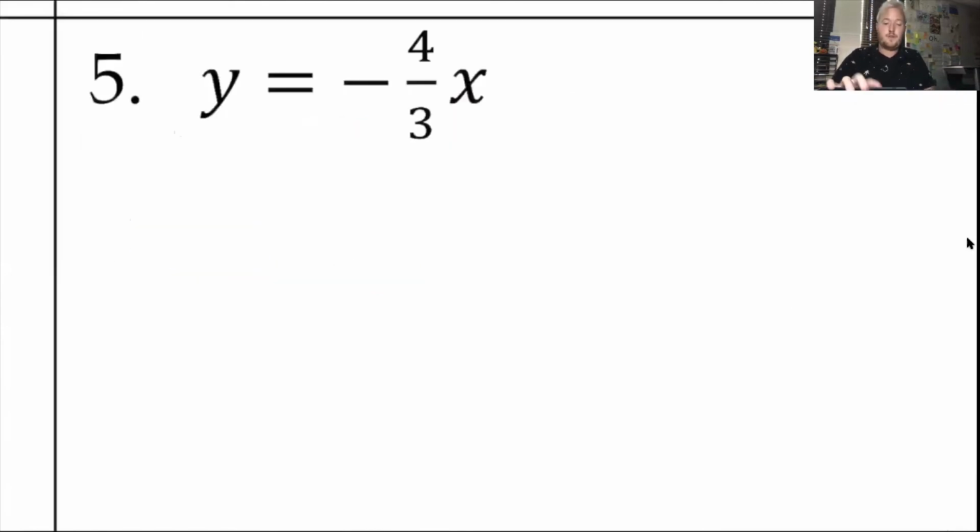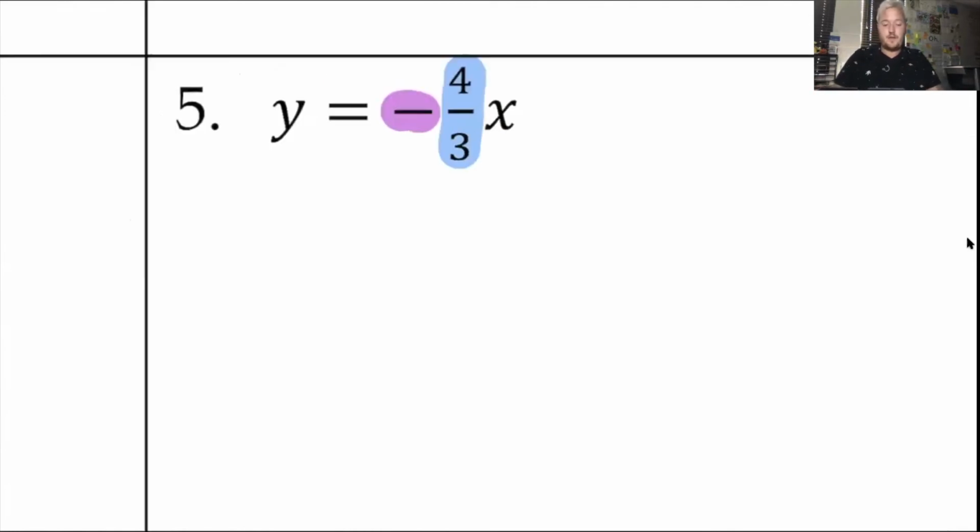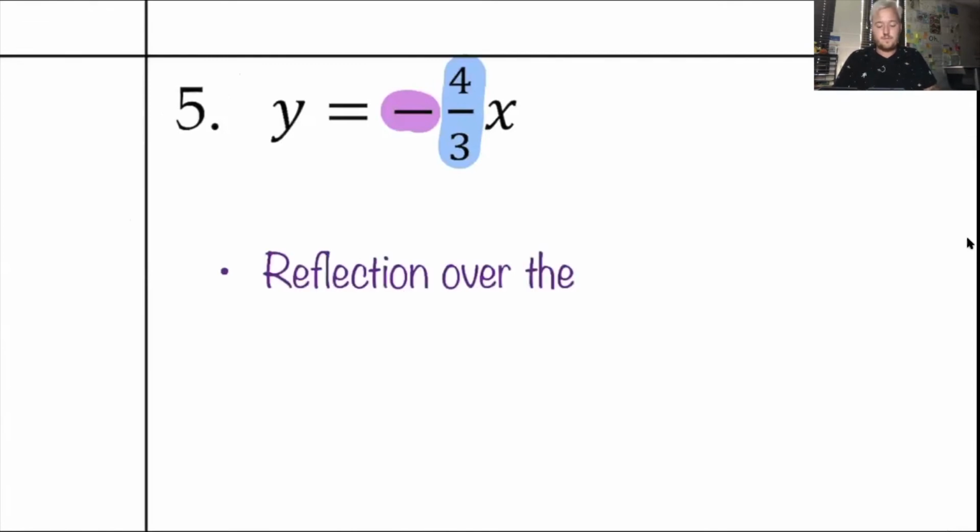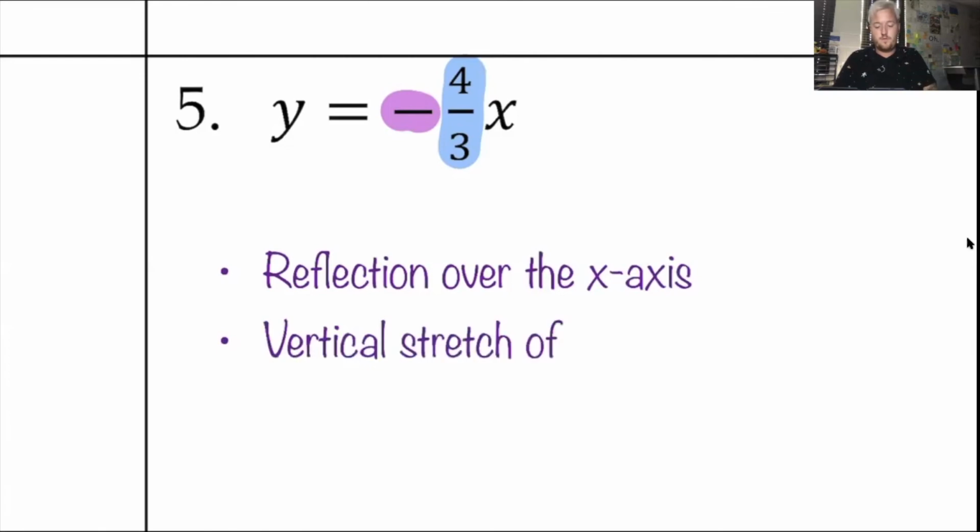All right, number 5. So we have negative, and we have this 4/3 here. So both of those are transformations. So that negative is a reflection over the x-axis. And then the 4/3, it's bigger than 1, so this is a vertical stretch of 4/3.